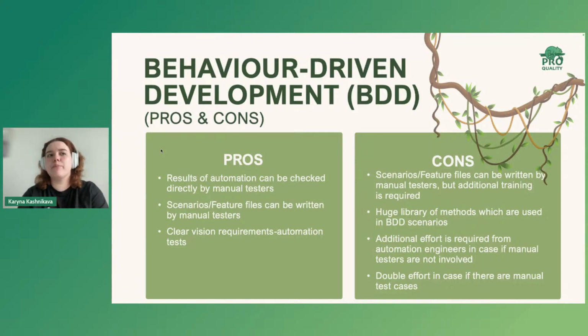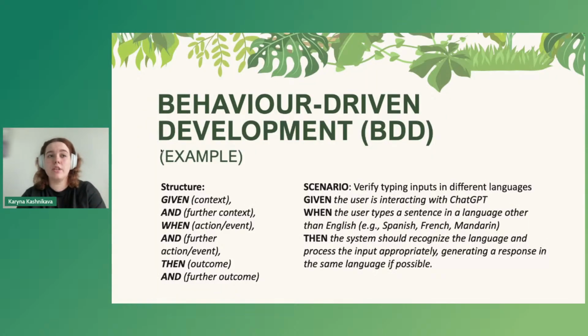And what about an example? On the screen, you can see an example of a BDD scenario. On the left side, you can see the common structure of the scenarios which are written using the BDD approach. Each scenario or requirement or criteria must consist of three methods: given, when, then.